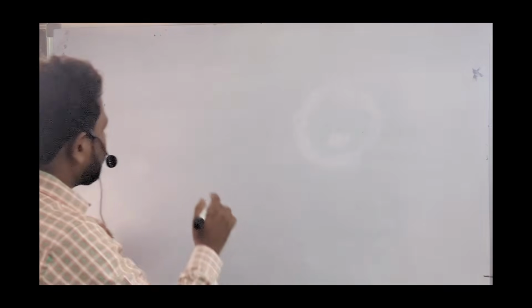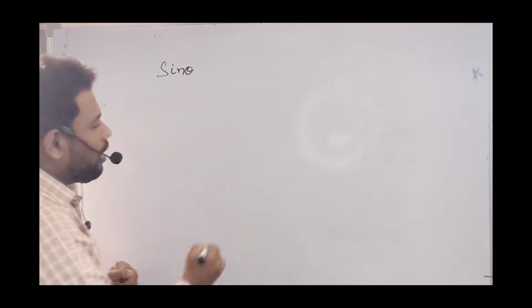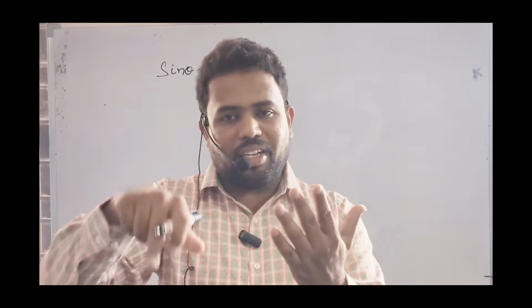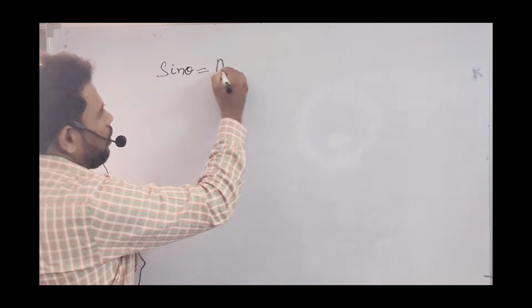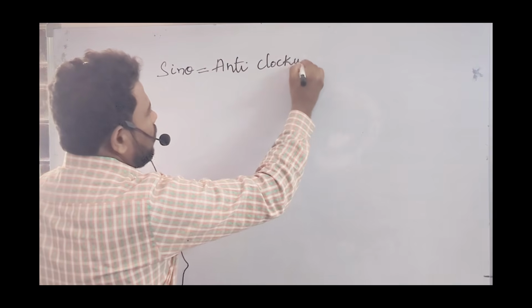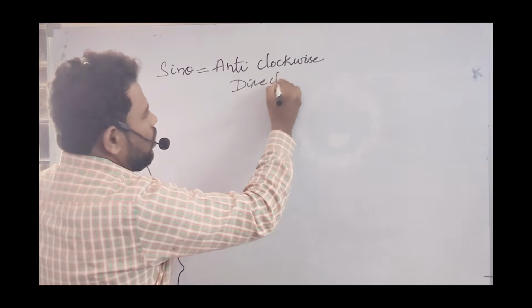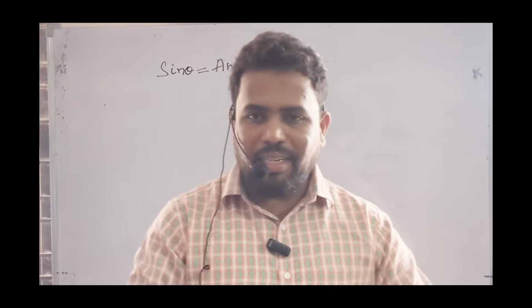If you want to find the values of sine, you have to count in an anti-clockwise direction. Anti-clockwise direction we are going to count to get the values of sine theta.